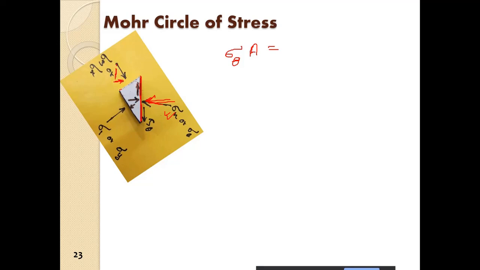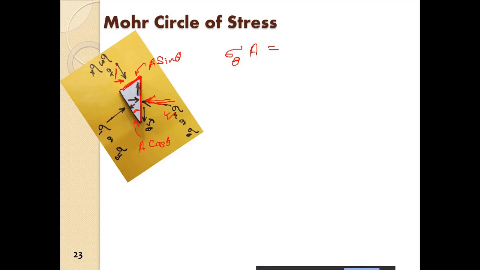First, let us find out what this area is. If this is theta, this area is A sine theta. And what is this area? This area is A cos theta.